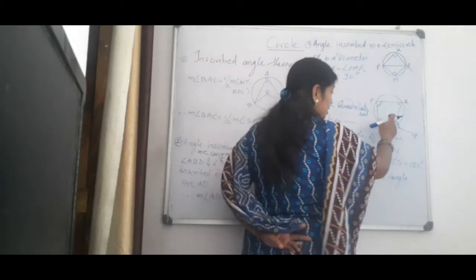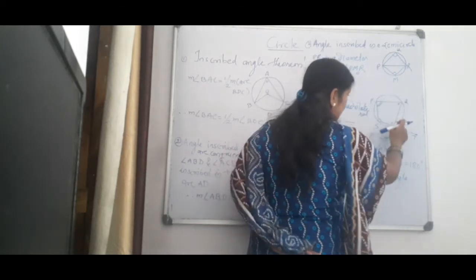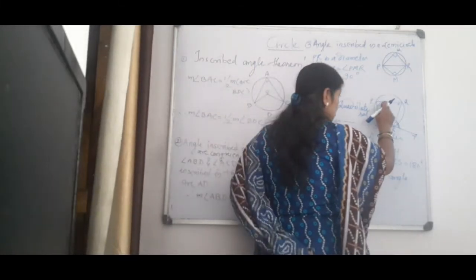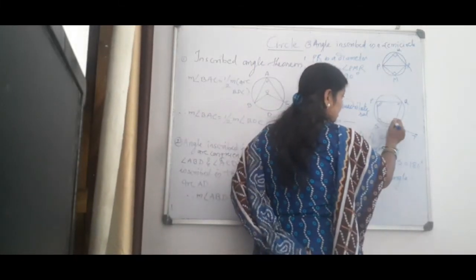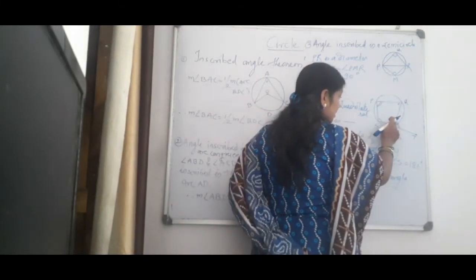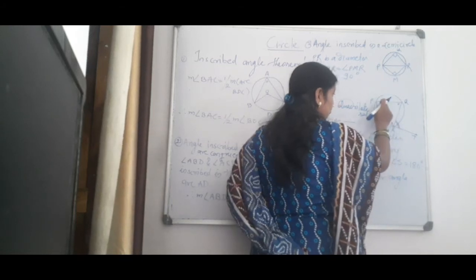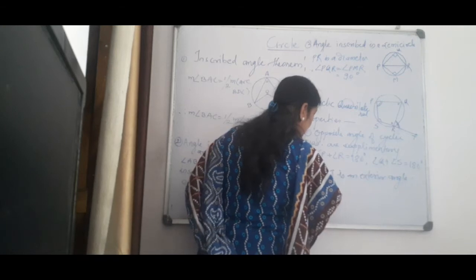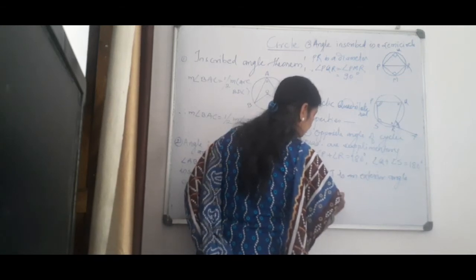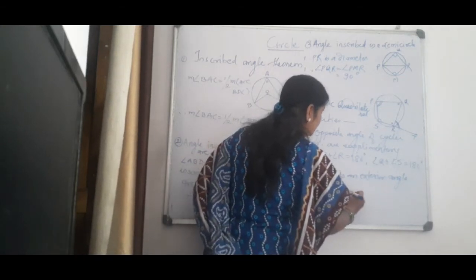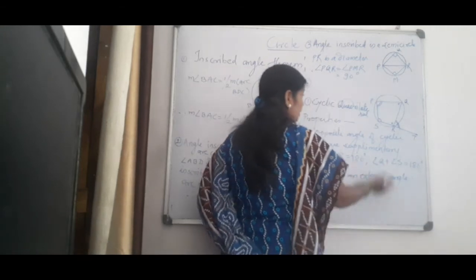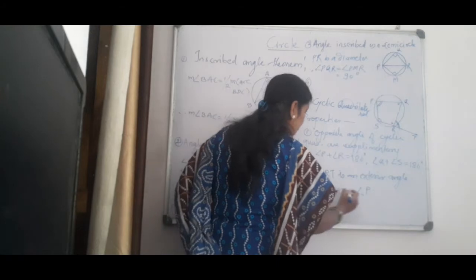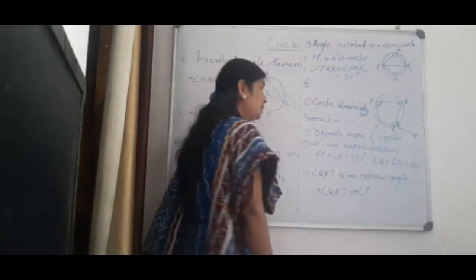Angle P. What is the statement? Exterior angle of a cyclic quadrilateral is equal to the opposite of its adjacent interior angle. The adjacent interior angle is this, and the opposite of it, and therefore measure of angle QRT is equal to angle P. It is the second property.